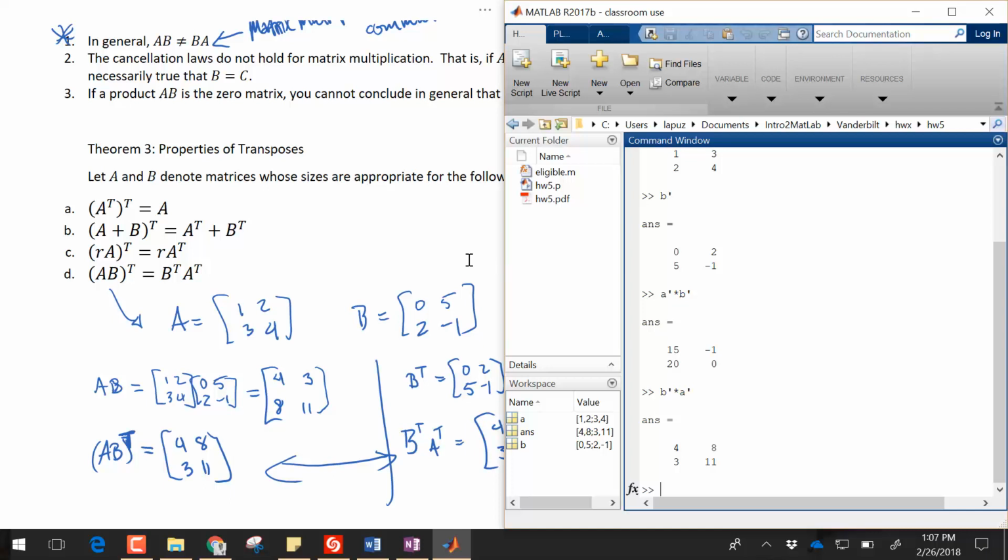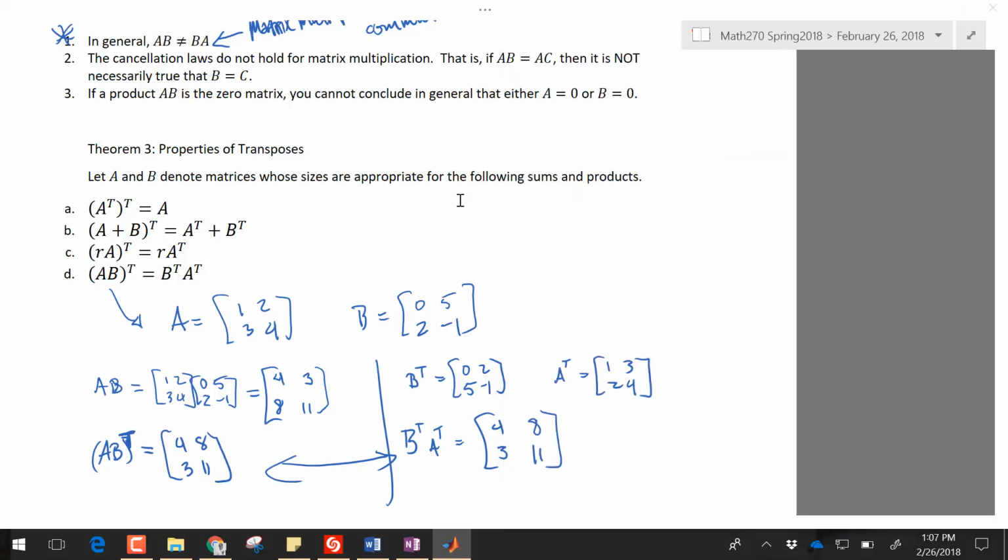All right, any questions? So we're all experts with addition, scalar multiplication, matrix multiplication, and transposes. Yes, we're moving on. Oh, yeah. Was powers done in 2.1?